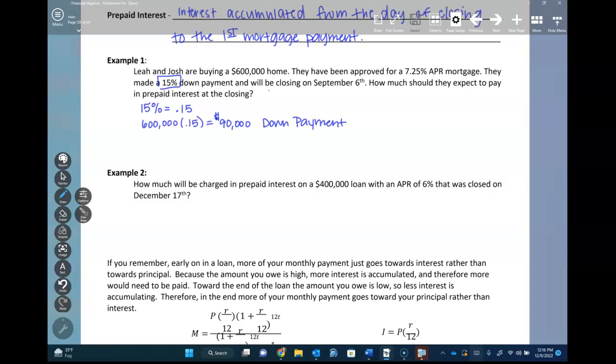Okay, after their down payment, to figure out what they now have left over to pay, we're going to subtract what they already put down. And we're going to figure out that the loan amount they have to ask the bank for is $510,000.